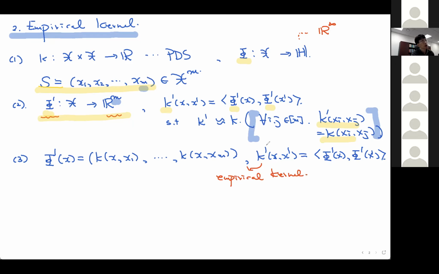Then we can take a step back and check whether this empirical kernel satisfies the property that we aimed at. But it turns out that the property doesn't hold.